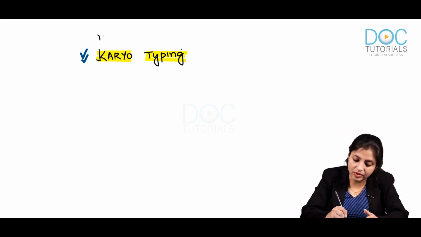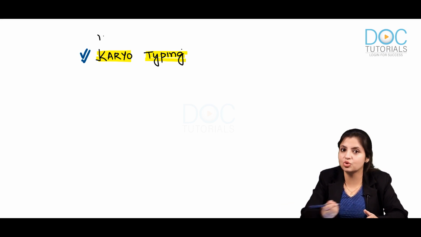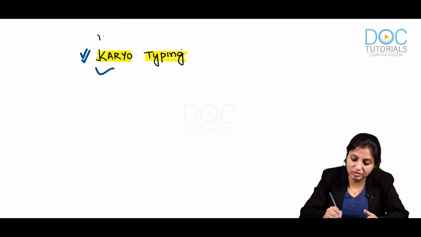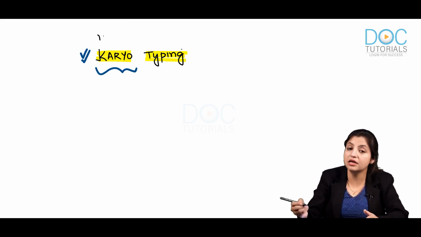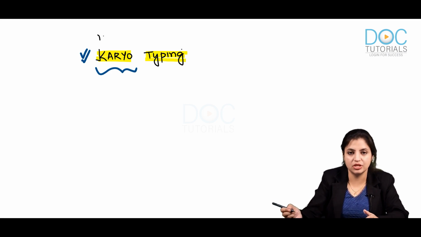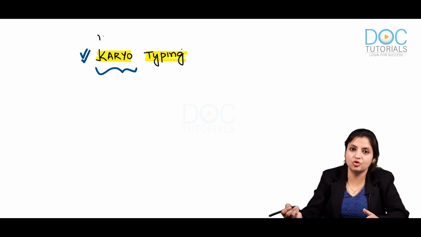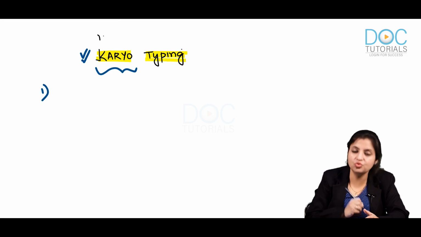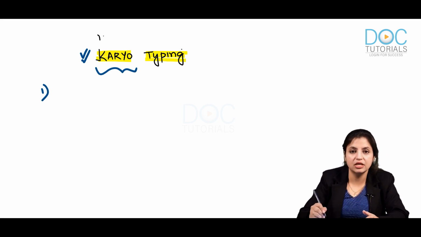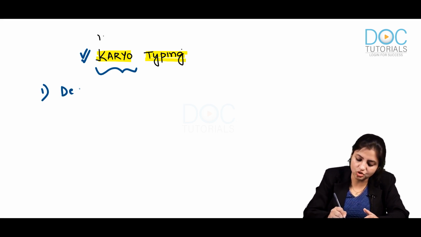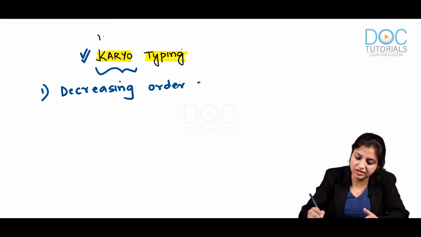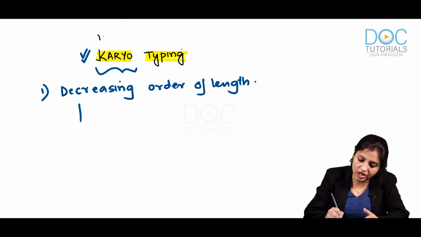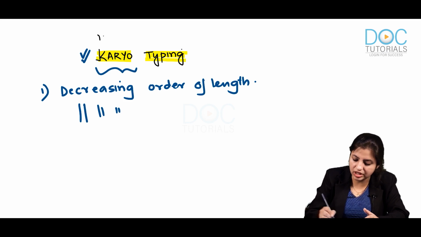Remember everybody, when I am talking about karyotyping, that is chromosomal typing, you have to be pretty clear that here we are going to arrange the chromosomes. So what is the rule of arranging the chromosomes? The first rule is that you arrange the chromosomes in decreasing order of length. Longest first, and then you keep on decreasing.